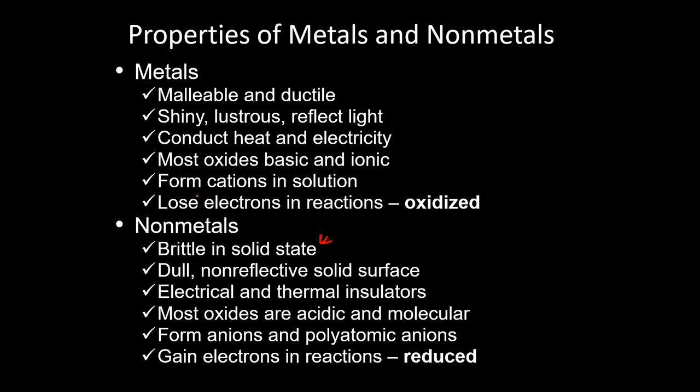Most metals form cations when you put them in solution, with very few exceptions. Nonmetals are kind of a mixed bag. They mostly form anions, but you can form some cations with nonmetals as well. And lastly, metals tend to lose electrons in reactions. They tend to be oxidized, whereas nonmetals tend to be the things doing the oxidation. They tend to be reduced as a result. So metals and nonmetals really do have very different properties.